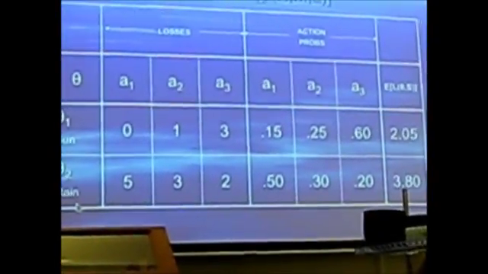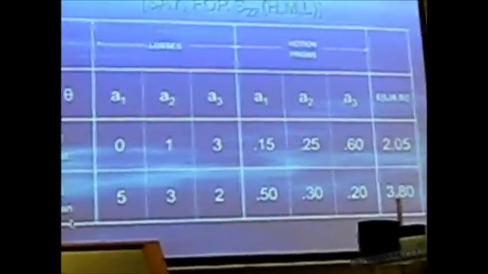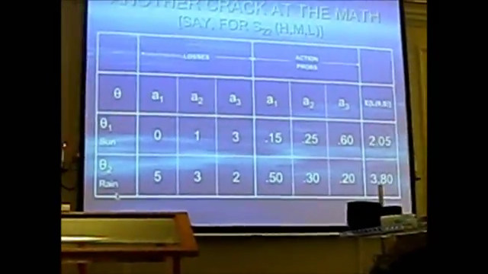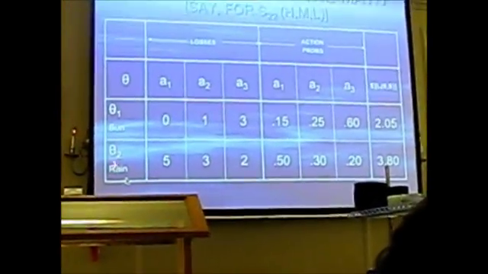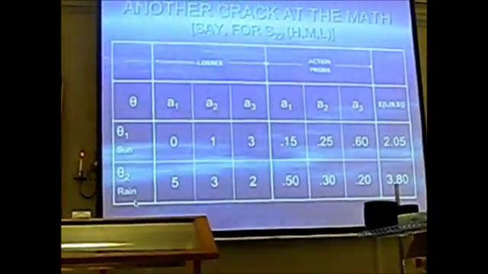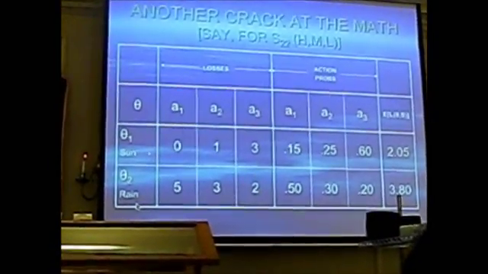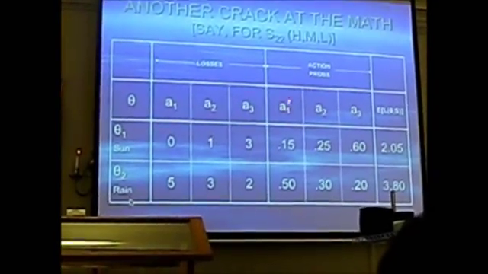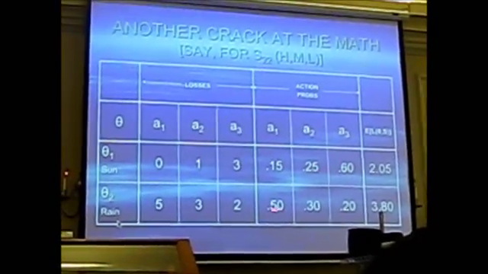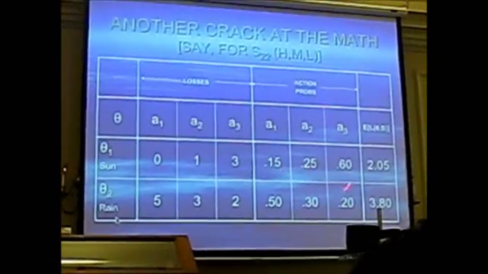Now, an easy way to keep track of this, for those of you thinking how would I do this in general, is just doing it in this fashion. It's putting the states of nature here, we have 2. Putting the loss table here. Remember, we had that back a few slides. And then putting the action probability, this is the weather forecaster.